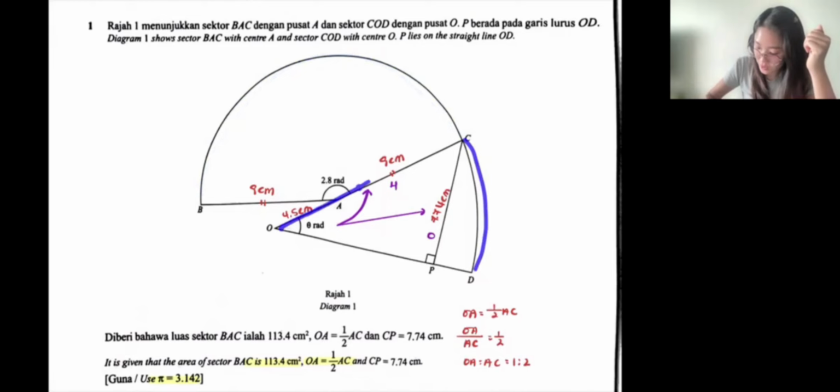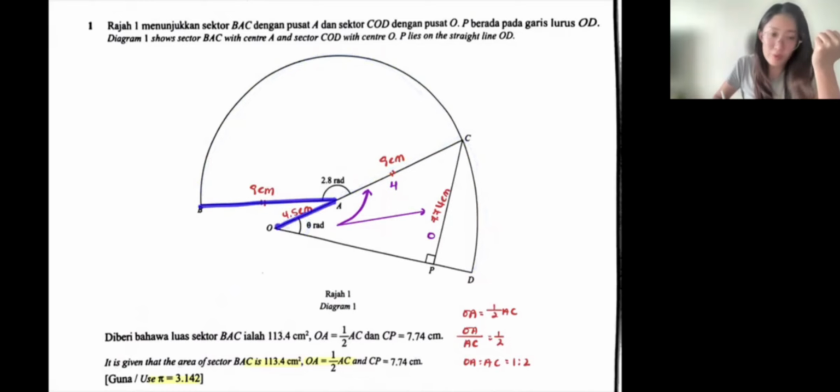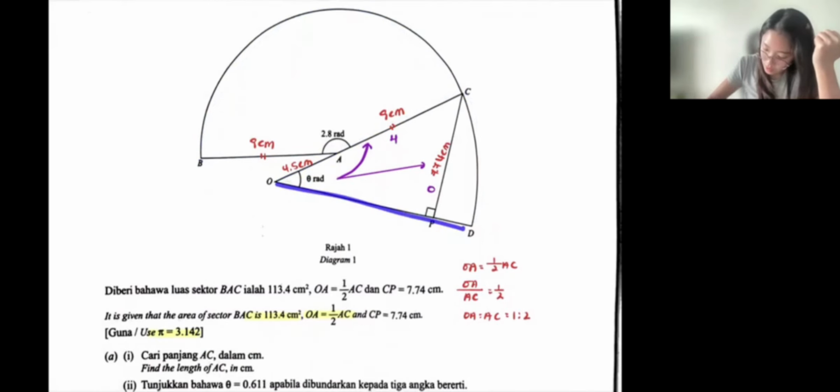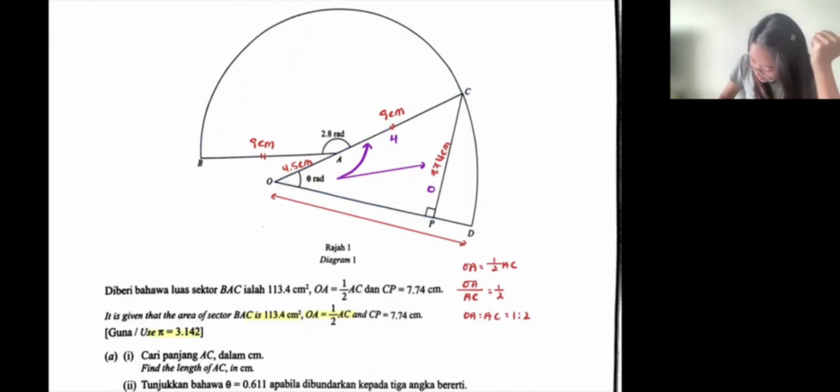You have the radius and the angle already. So what is your job over here? 9 cm already got, 4.5 already got. Your job is to find out this length over here. This is 4.5 plus 9, so the whole thing is 13.5.